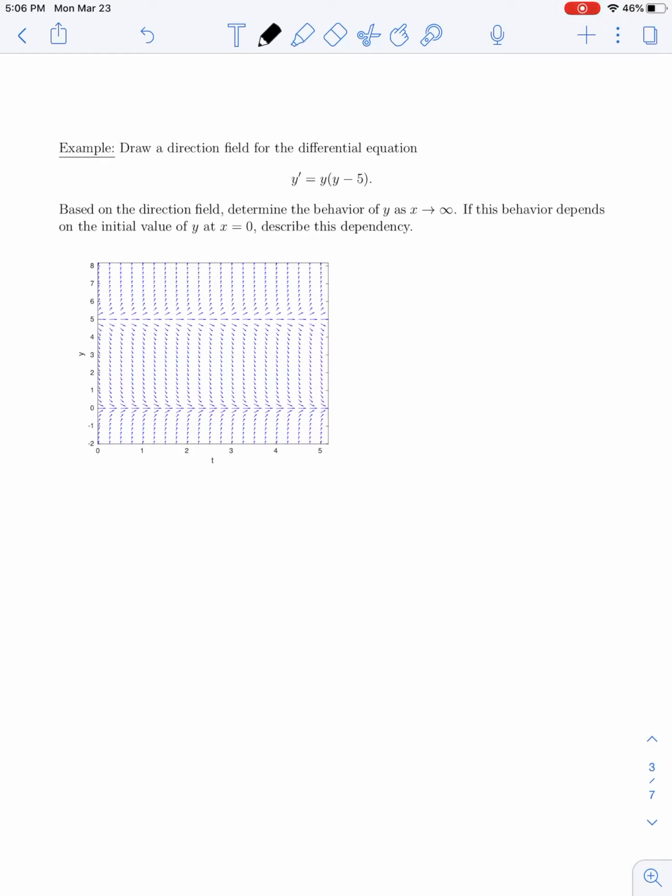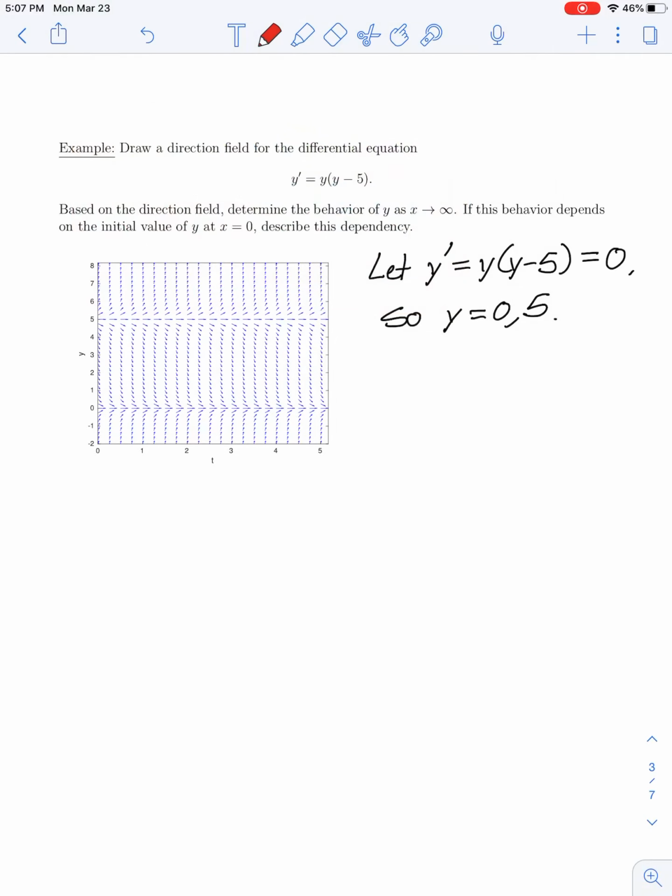So again, I've given it in the notes here for the sake of time, but we know if we didn't have this direction field given, we would want to start by finding our equilibrium solutions, which are found by taking y prime, which in this case is y times y minus 5, and setting it equal to 0, which means that we would have two choices for y. Y would either be equal to 0 or 5.